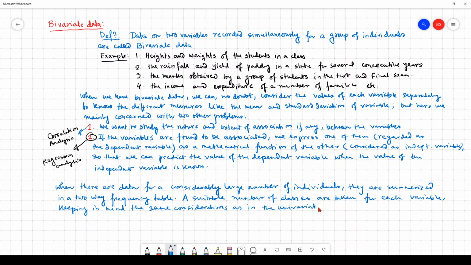I think you know how to construct a frequency table in univariate data, so we apply the same procedure here also.